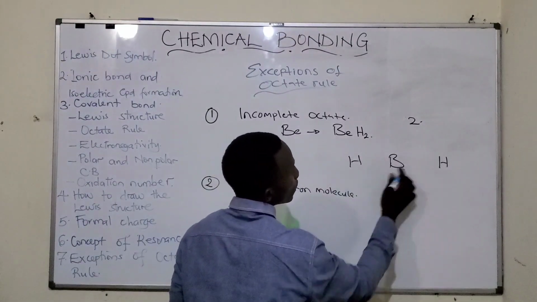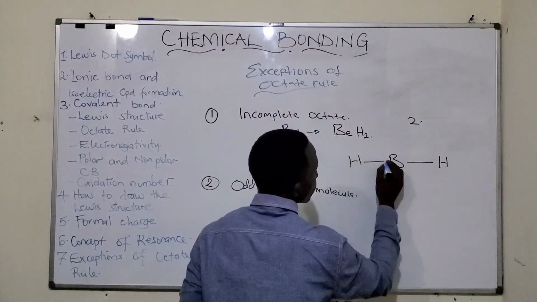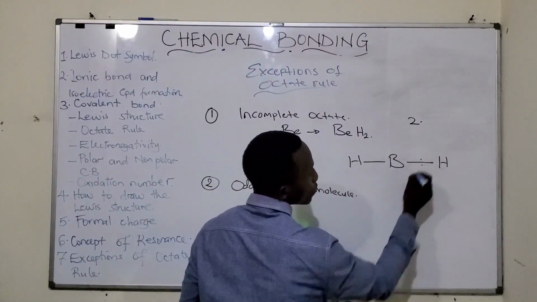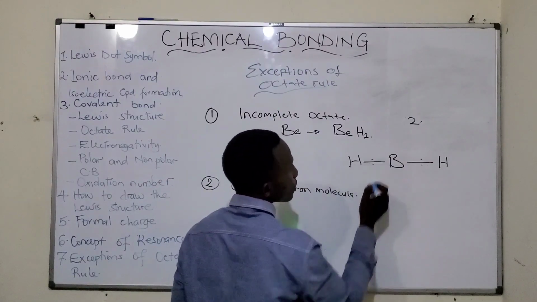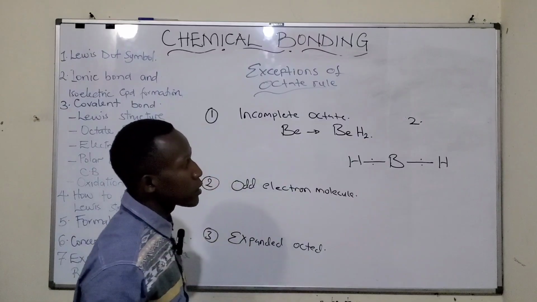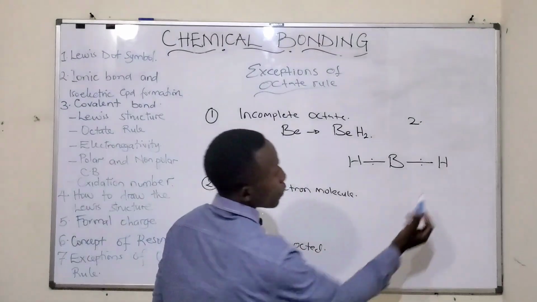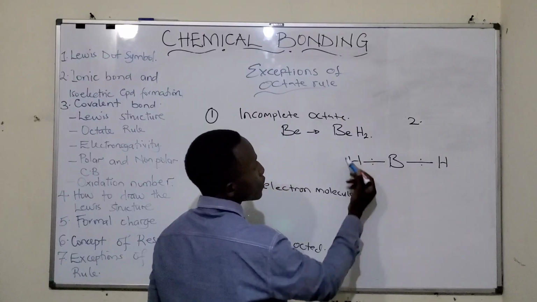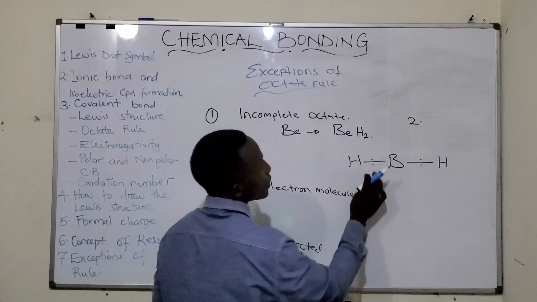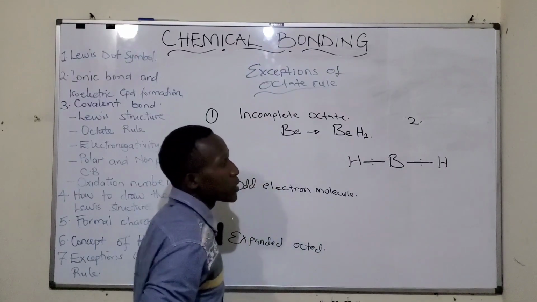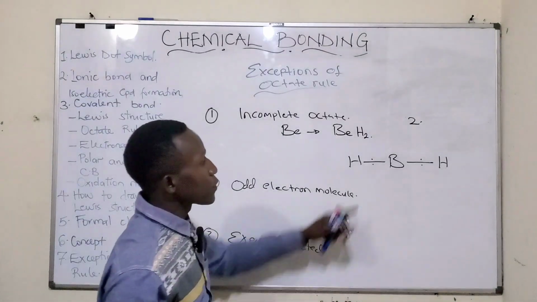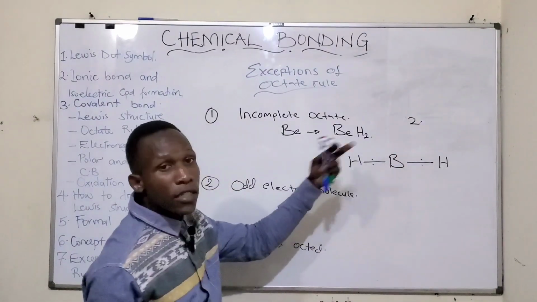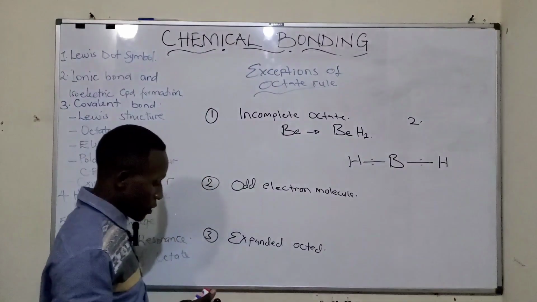So if you draw like this, we connect the atoms. The hydrogen has 2, even this hydrogen has 2 electrons. So this hydrogen can be stable by 2, even this one is stable by 2. Then beryllium, we shall not complete the octet, so it has only 4 electrons. So those are exceptions of octet rules.